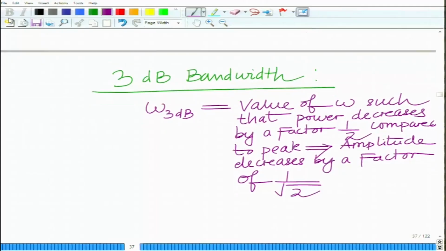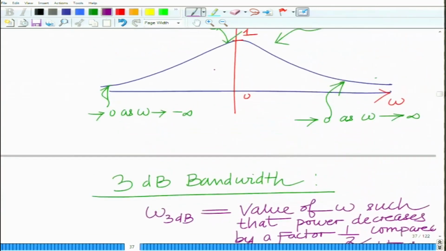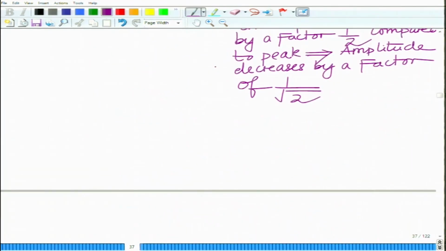Okay. So, for the previous low pass filter, you can see the peak occurs at 0, and in fact the gain is unity.